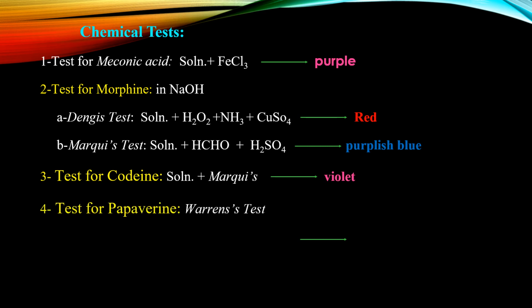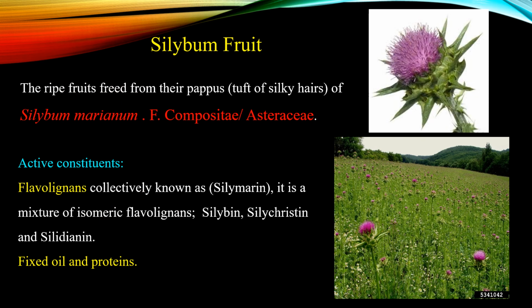Test for papaverine by Warrant's test: extract, and add potassium permanganate and Marquis reagent, which will produce a green color. The next fruit is Silybum fruit, which is the dried fruits of Silybum marianum, freed from their pappus, which is a tuft of silky hairs present on the fruit, family Compositae or family Asteraceae.